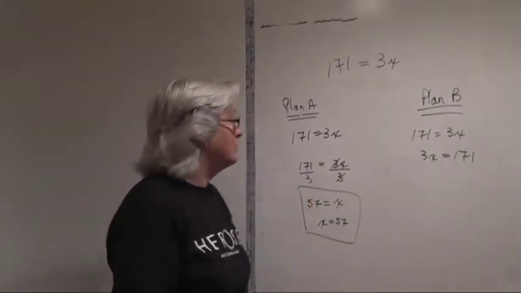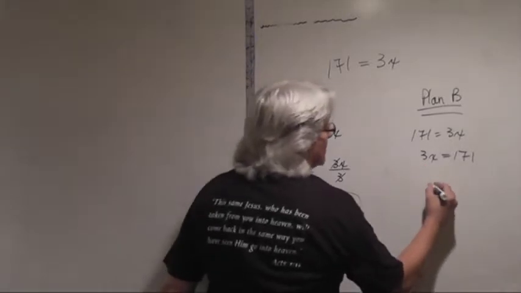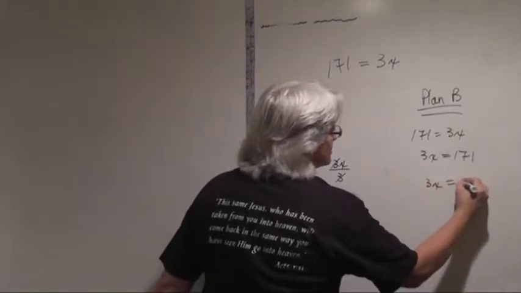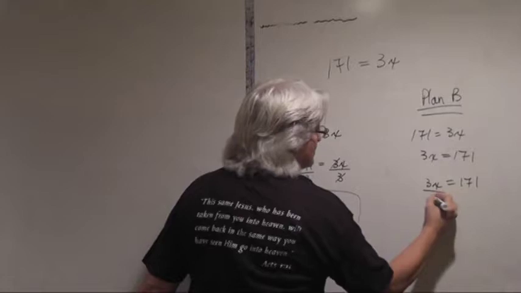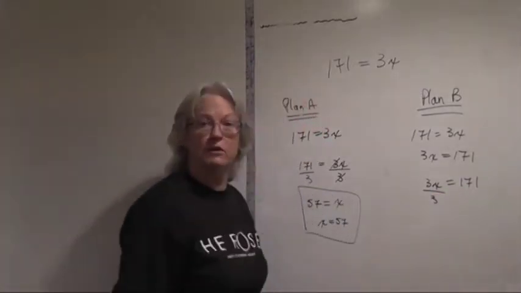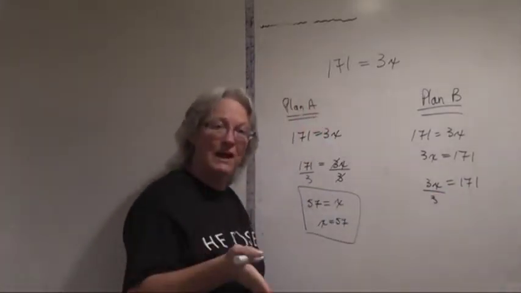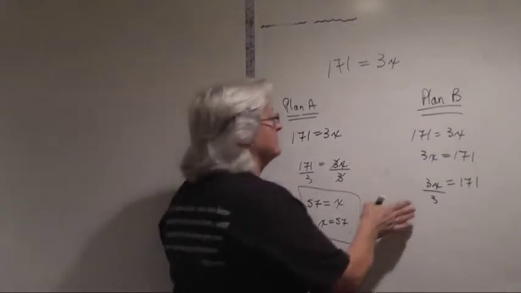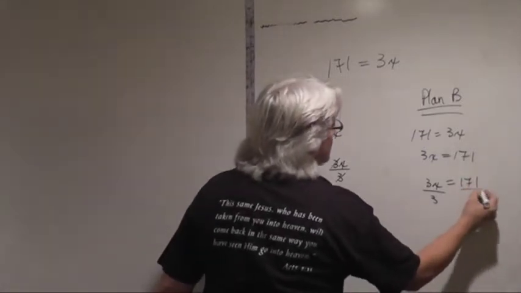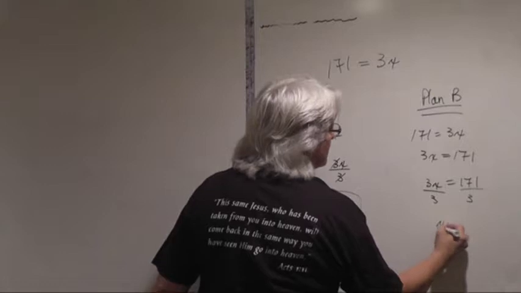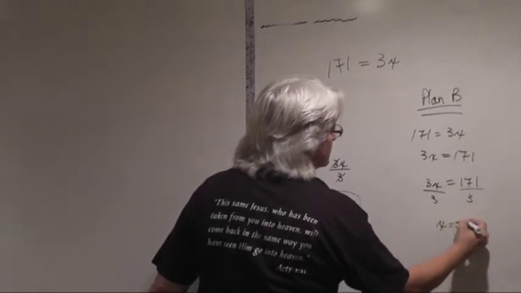Since it's been multiplied by 3, the inverse of multiplication is division. So you divide the left-hand side of the equation by 3 because the variable x has been multiplied by 3. To keep the equation in balance, you divide both sides by 3.